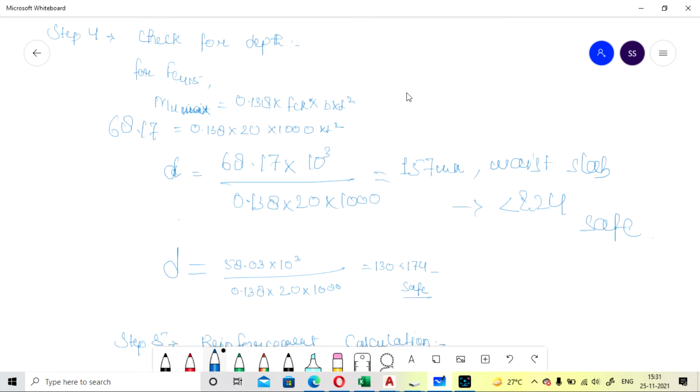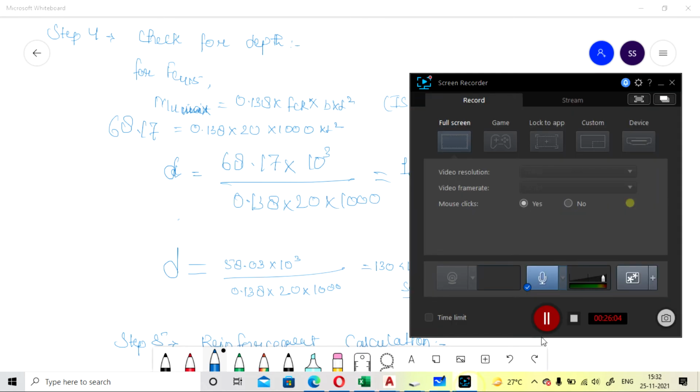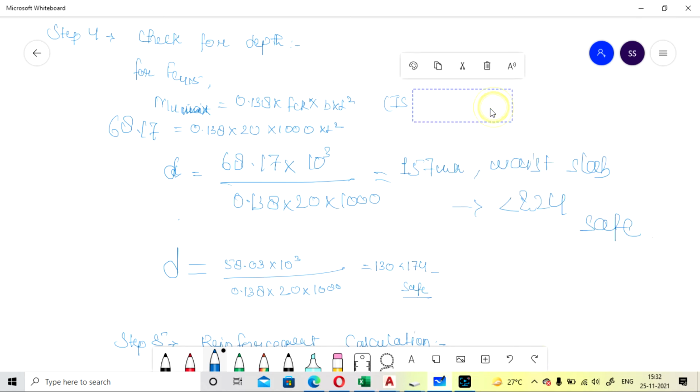You can check this from SP16 or IS code 456, it is SP 6 34. On both the codes this value is given for Fe415.